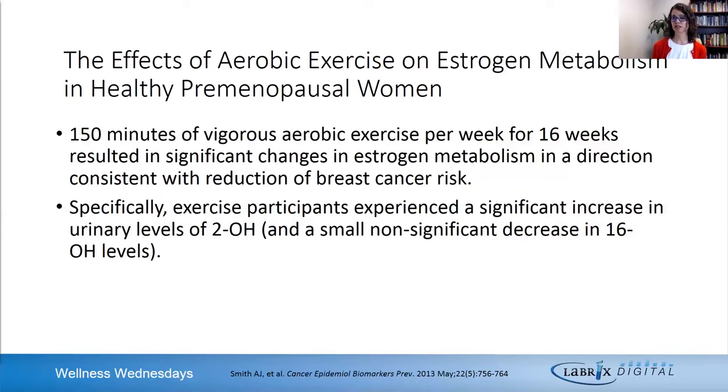Specifically, an increase in the 2-OH metabolic pathway and, while non-significant, a decrease in 16-OH levels.